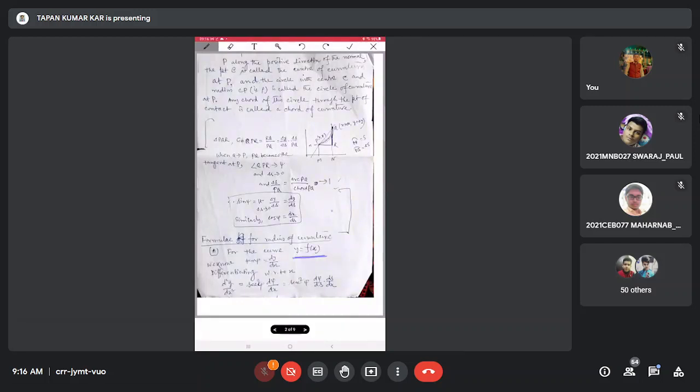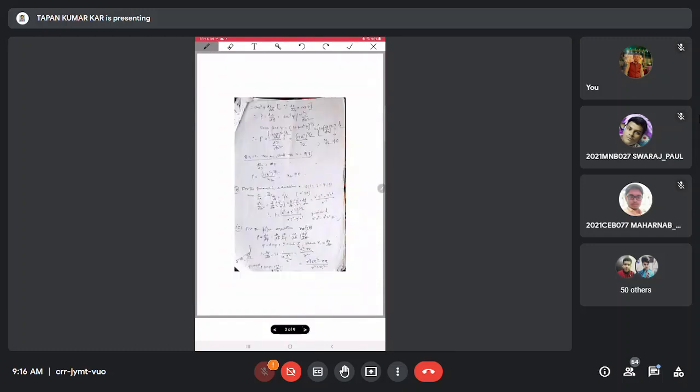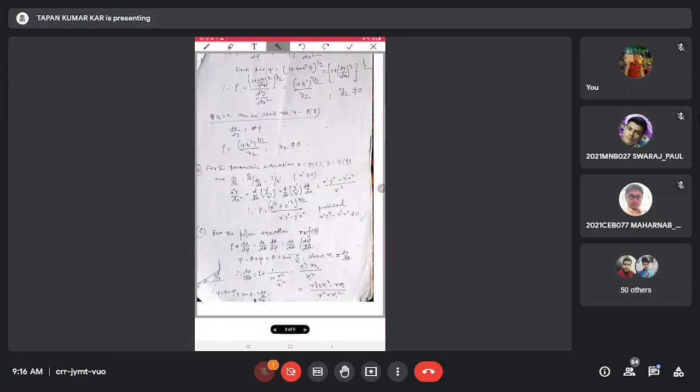In this case the radius of curvature is, remember this, (1 plus y1 square) whole to the power 3/2 by y2, provided y2 is not equal to 0. And if in any case y2 equals 0, then you may use this formula, (1 plus x1 square) whole to the power 3/2 by x2, not equal to 0.